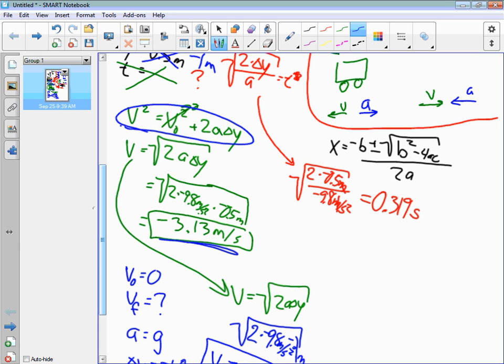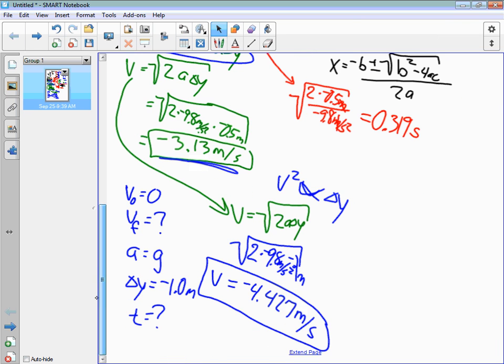It was saying v final squared is proportional to delta y. So when I double the delta y, it does increase the final velocity, but they're not proportional. Anyone guess what the number is?